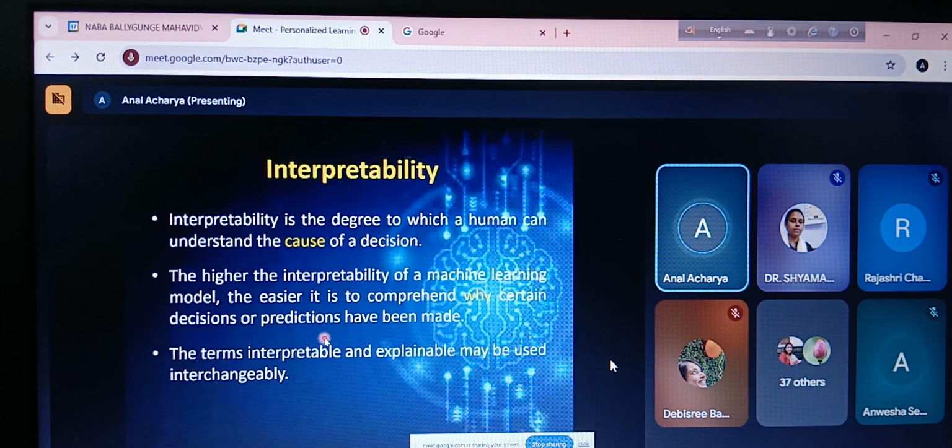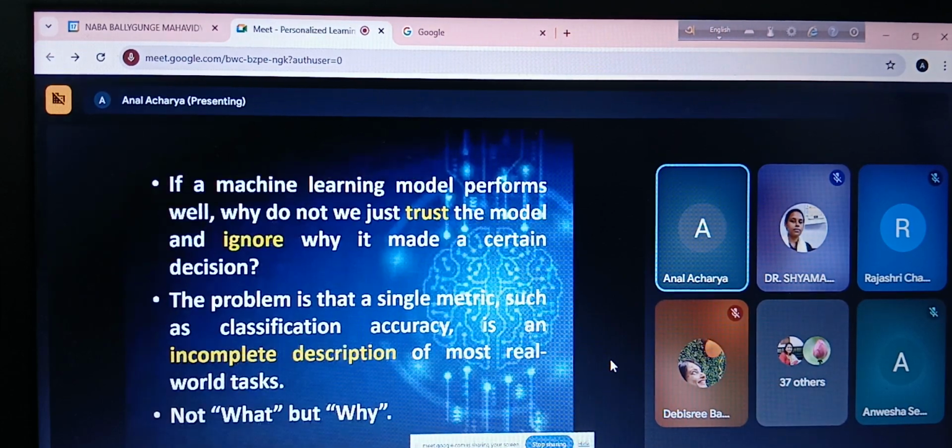The terms interpretable and explainable may be used interchangeably. We may use the term interpretable, or we may use the term explainable. Both are exactly the same. Now the question, this is the main thing actually.